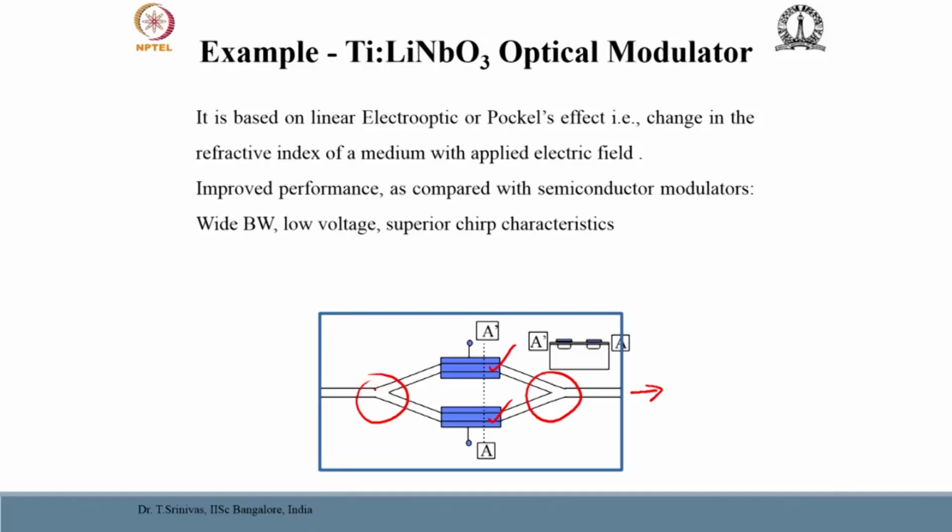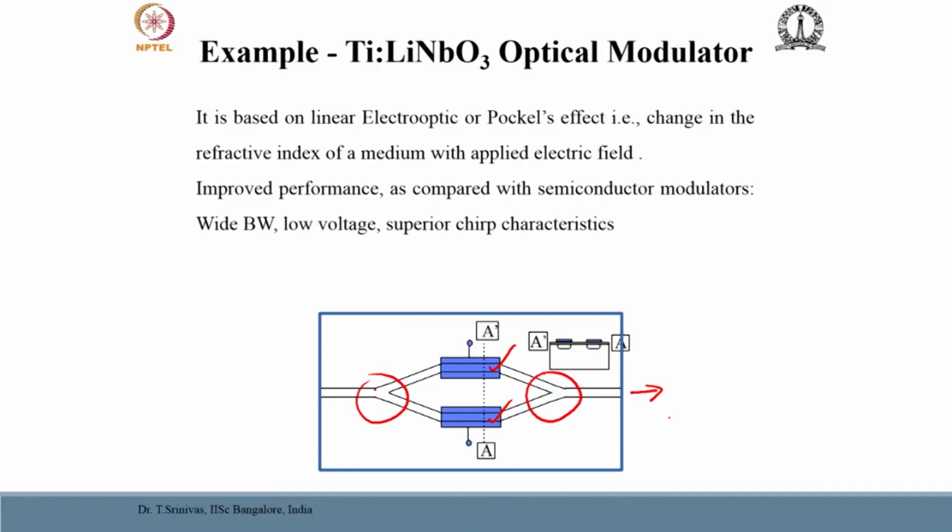So, you can expect at the output a modulated light. This can be used for very high speed modulation, of the order of 10 gigabits per second or more. There are many other improved properties, like the performance being very good in terms of the voltage required, the bandwidth and chirp characteristics and so on.